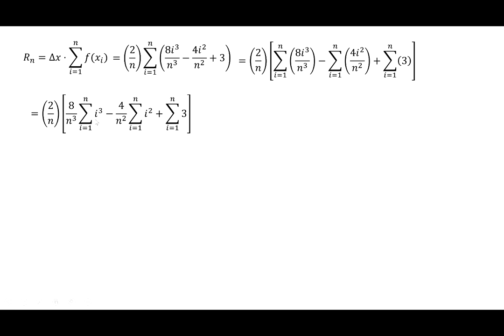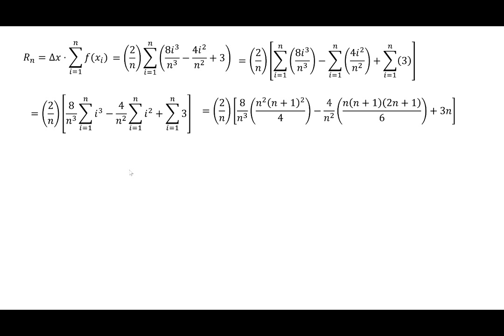Okay, do you recall what the formula for sigma i cubed is? That's the square of the formula for sigma i. So n squared times n plus 1, the quantity squared, over 4.